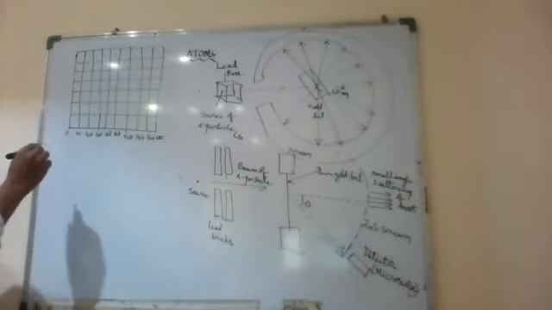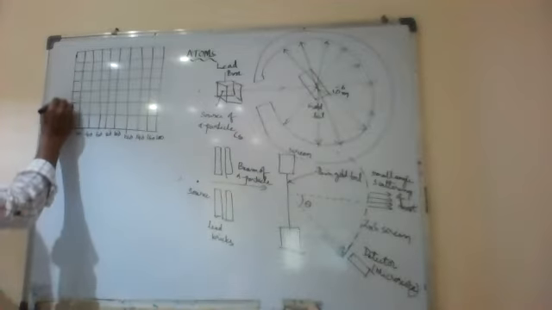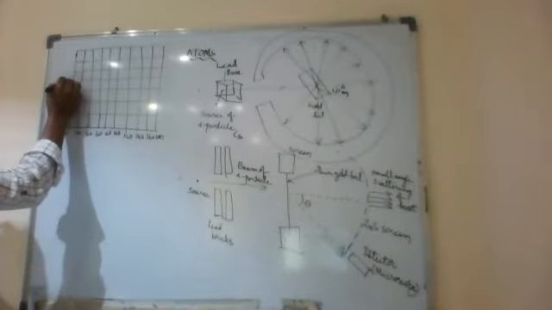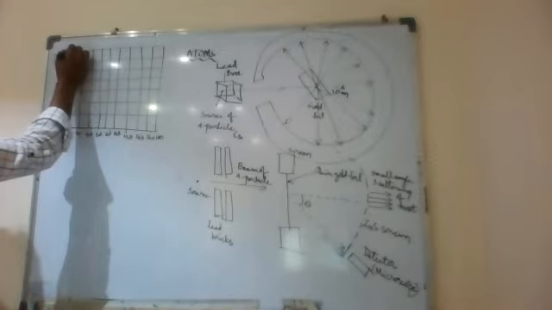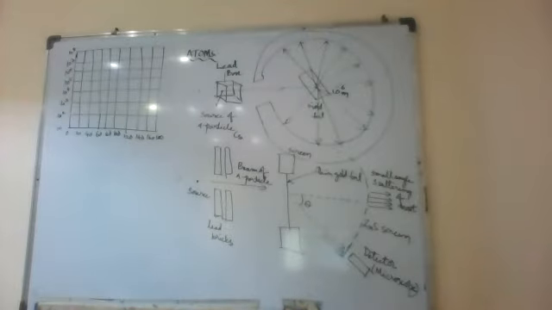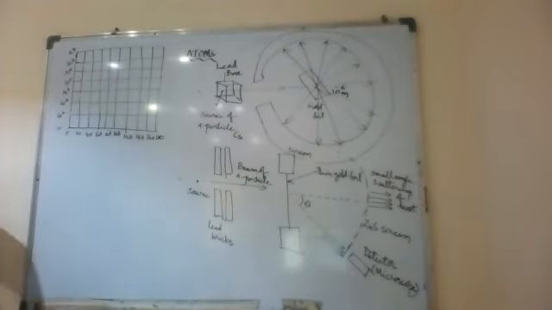And the other axis starts with 10, 10 to the power of 2, 10 squared, 3, 4, 5, 6, then 7. We'll take it like this. From 10 to the power of 7 the curve starts here and goes in this way.